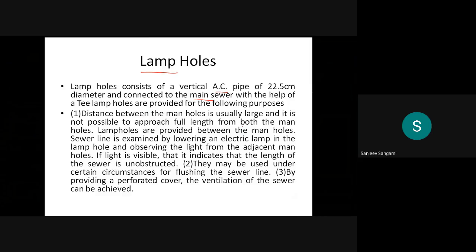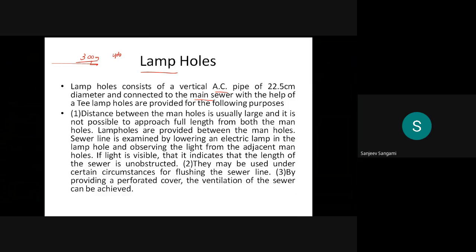We already discussed the regular intervals of manholes, up to 300 meters suggested, but typically up to 100 meters. Suppose the distance between two manholes is 250 or 300 meters, then it is better to provide one lamp hole in between these two manholes.